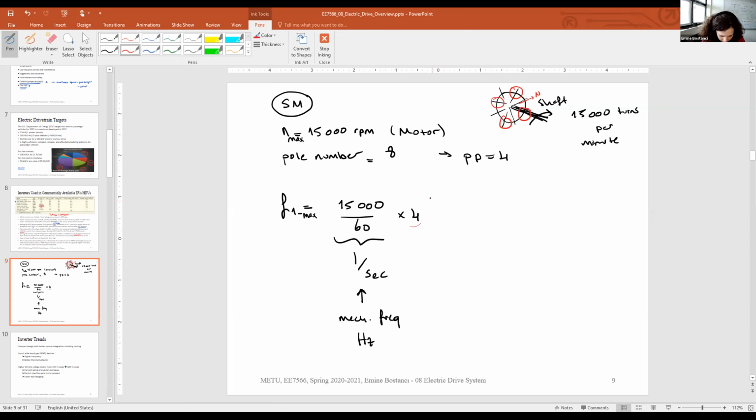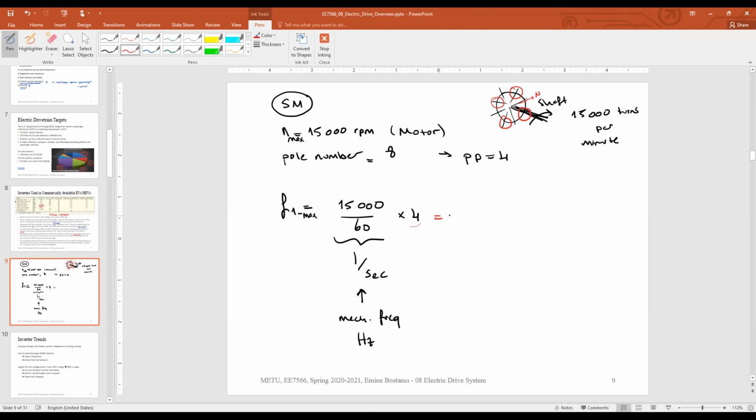And what is this value? I think Aresh has calculated it. 500. 1,000, right? I calculated 1,000. 15 divided by 60 times 4 is 1,000. So this is 1,000 hertz.